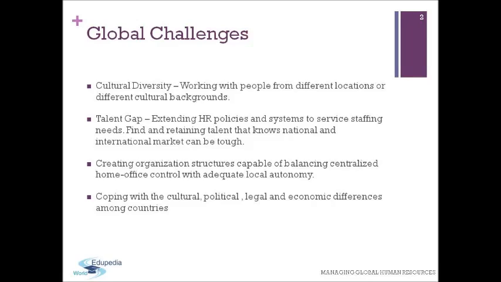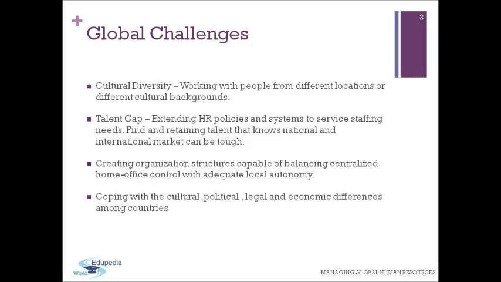And these management systems include organization structures, managerial controls, worldwide banking relationships, and of course the human resource management systems, which are used for recruiting, selecting, training, appraising, and compensating its workers abroad.